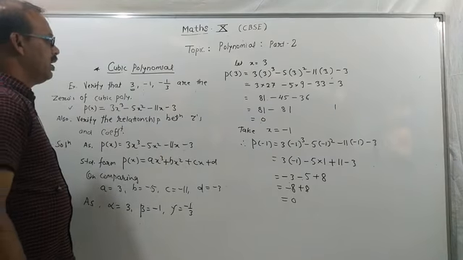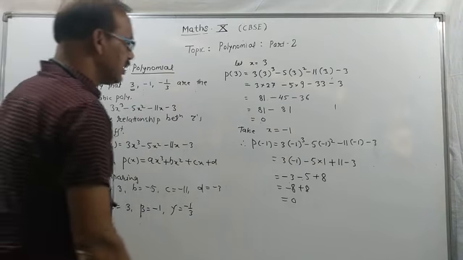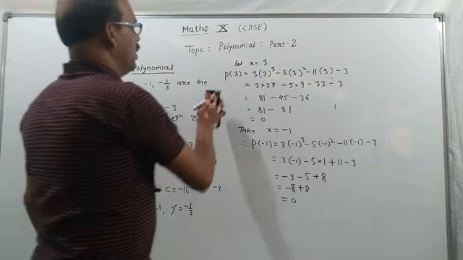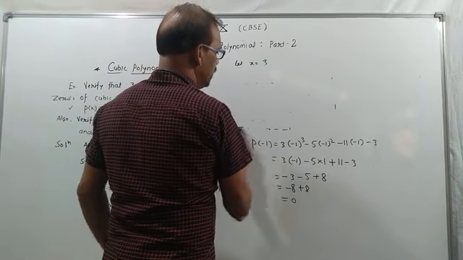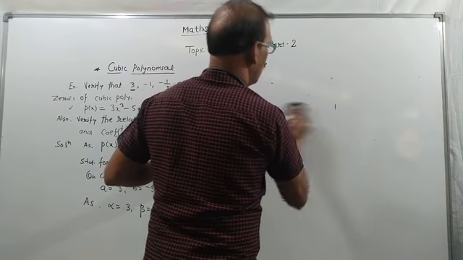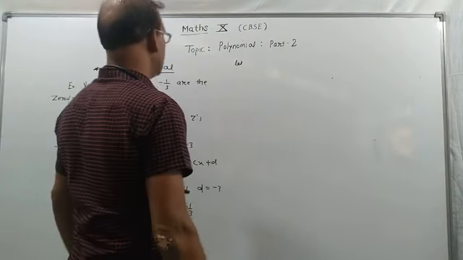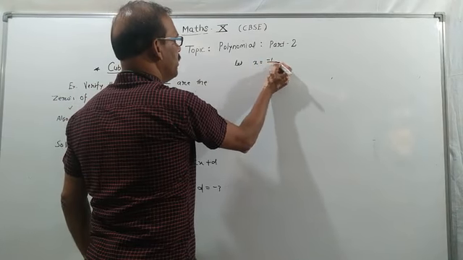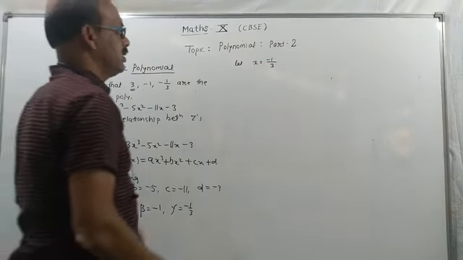Now the last one, that is minus 1 by 3. We have to verify whether it is a zero or not. Again, the same method. We take the value of x as minus 1 by 3 and substitute this value of x in the given polynomial p of x.